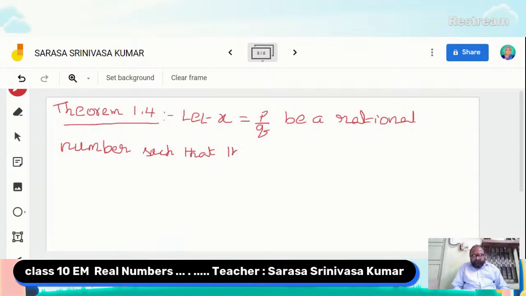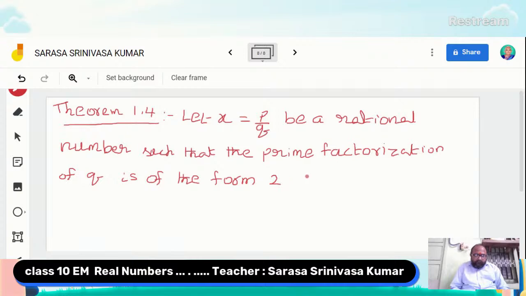the prime factorization of q, q means the denominator, is of the form 2 power n 5 power m, where n and m are non-negative integers.